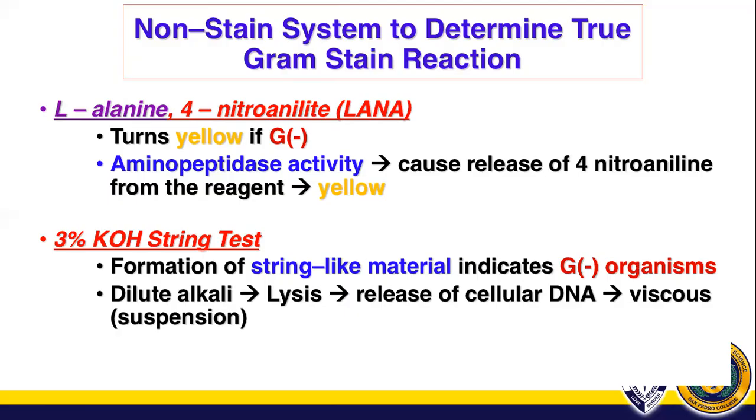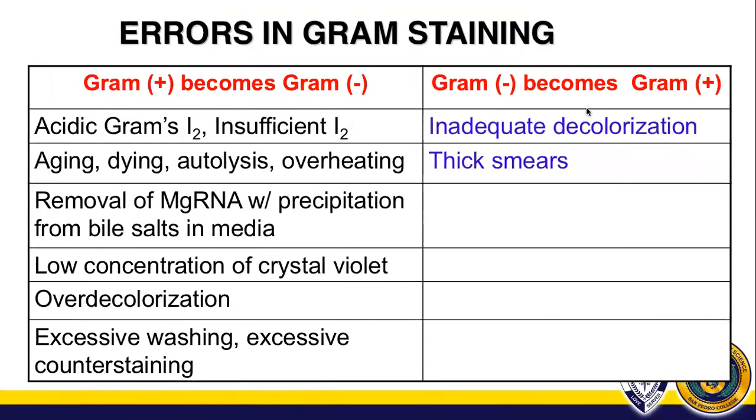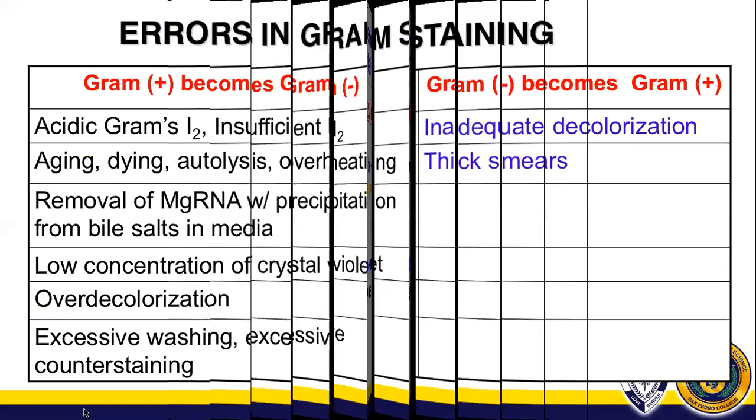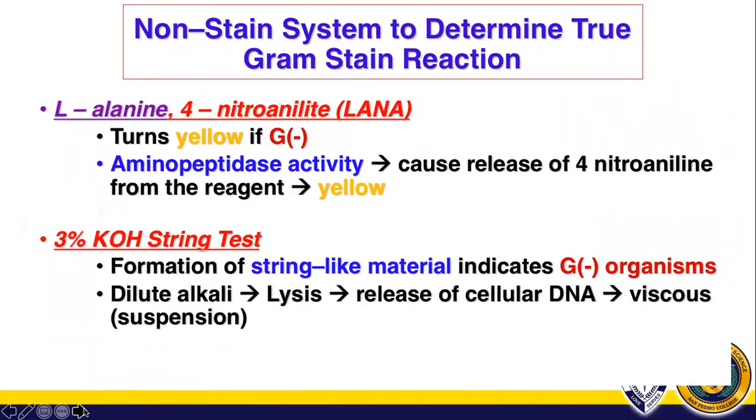Now, the 3% potassium hydroxide string test is also used to identify gram-negative organisms. To perform the process, we simply use a drop of 3% potassium hydroxide and put it on a glass slide.